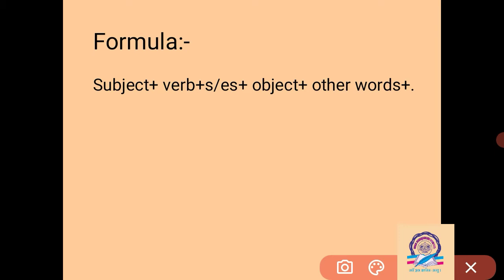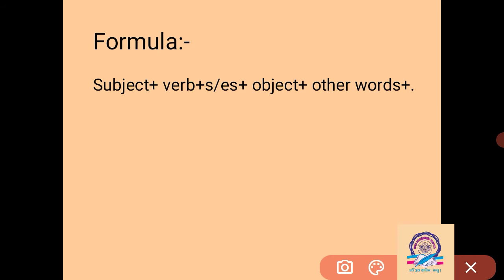We have to change the verb according to the subject only. If the subject is I, we, you, they, or a plural noun, we write the main form of the verb only.